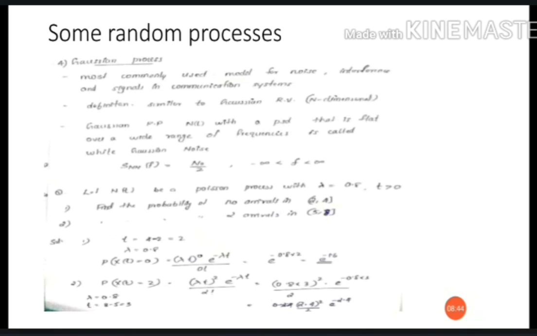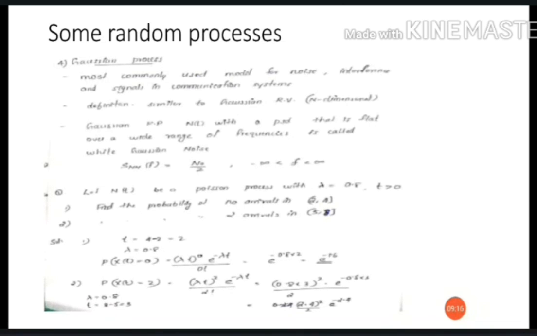Now let's talk about some random process examples, mainly the Gaussian process and the white noise random process, which are very important in probability theory and statistics. A Gaussian process is a stochastic process such that every finite collection of its random variables has a multivariate normal distribution, that is, every finite linear combination of them is normally distributed.